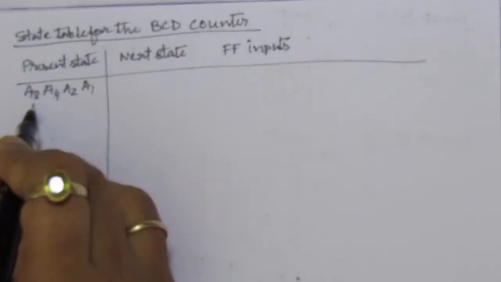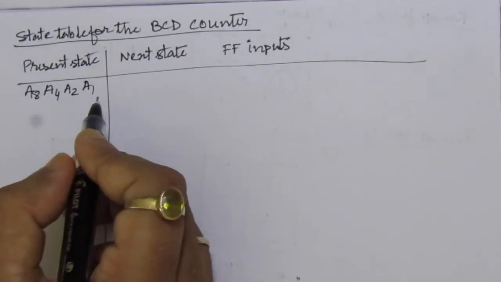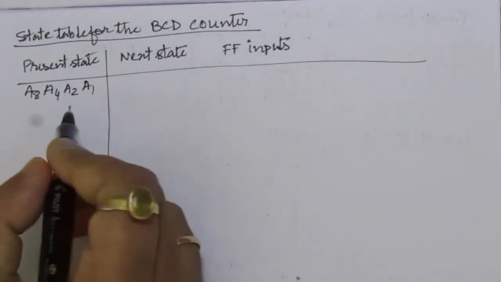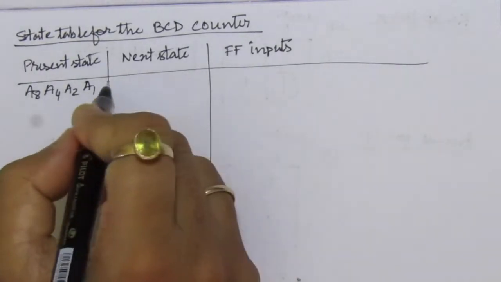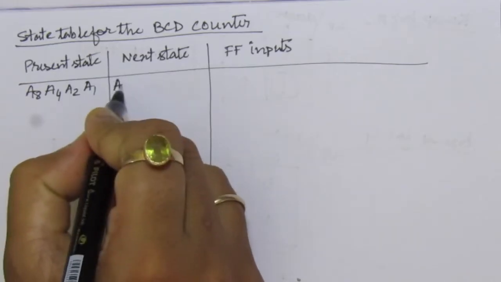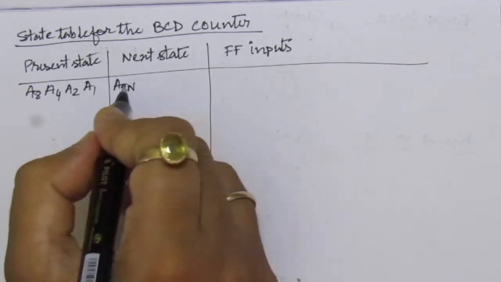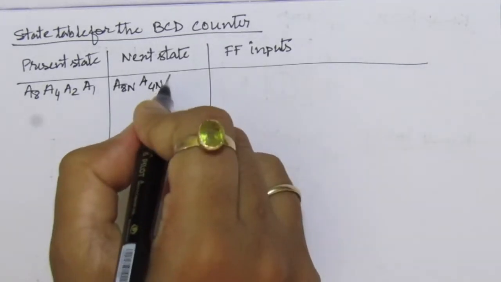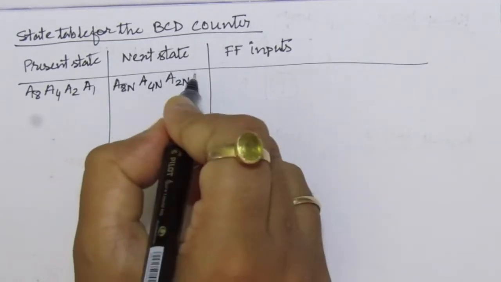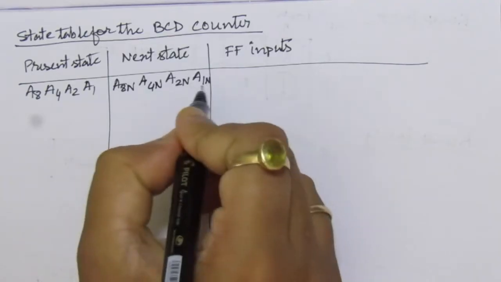Here we have written 8421 because it is a BCD counter. So in the case of BCD we write in this form. Suppose for the next state we represent them with A8n, A4n, A2n and A1n, where n is for the next state.